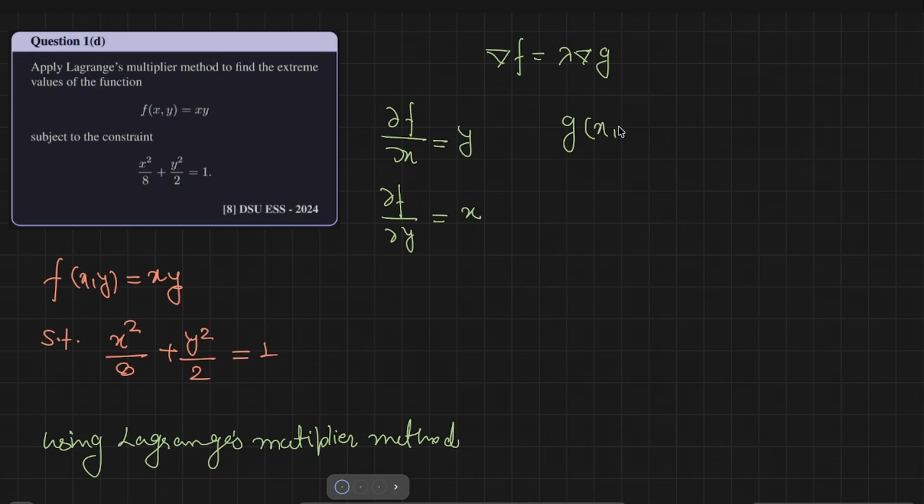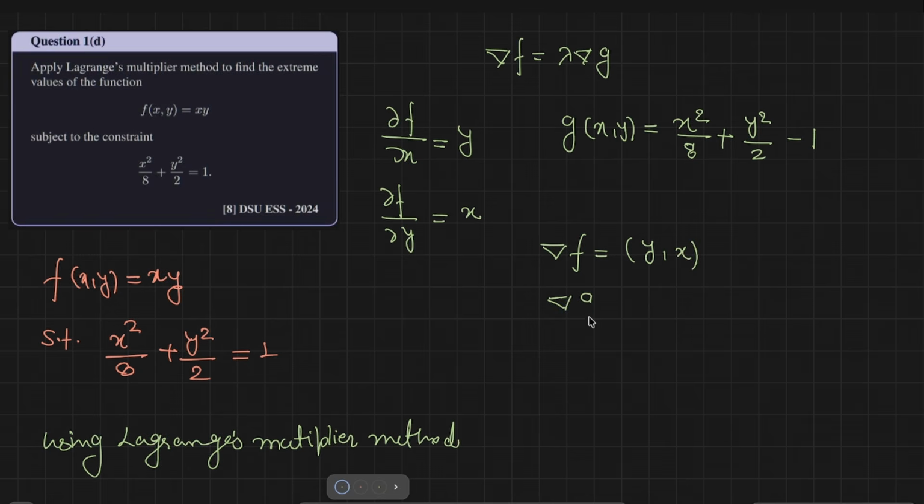What is g? g(x,y) is x²/8 + y²/2 = 1, so I will write it as minus 1. I will take this side and consider it. From here, you can identify ∇f, which is nothing but (y, x). So it is basically (y, x).